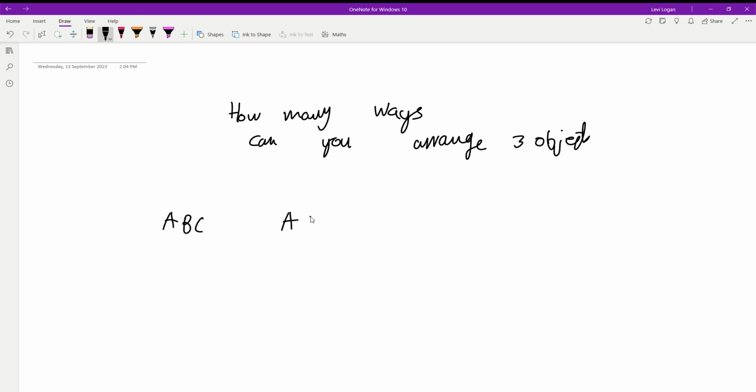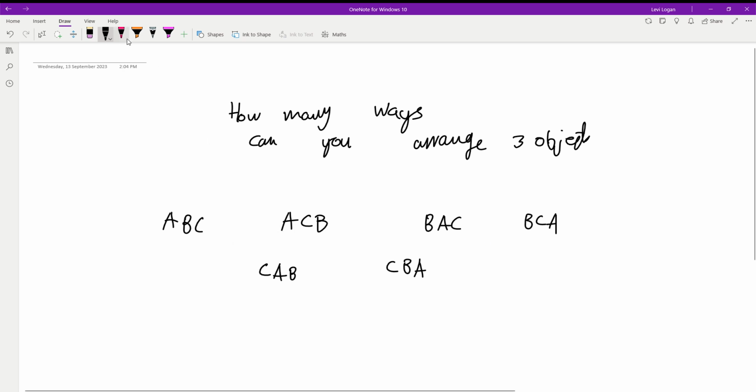I can also arrange it like this, A, C, B, or B, A, C, or B, C, A, or C, A, B, or C, B, A. Now, if you double check, that's all of them. So these are the ways you can arrange three objects. You can go through and check if there's any others, but these are the only ones in existence.